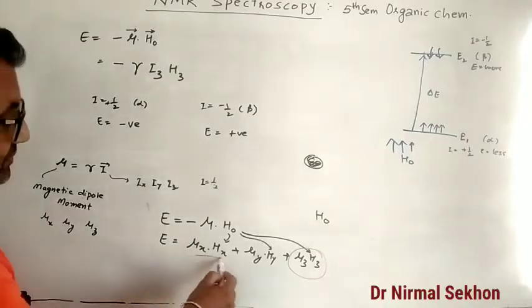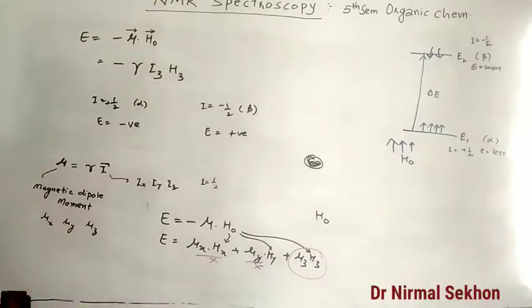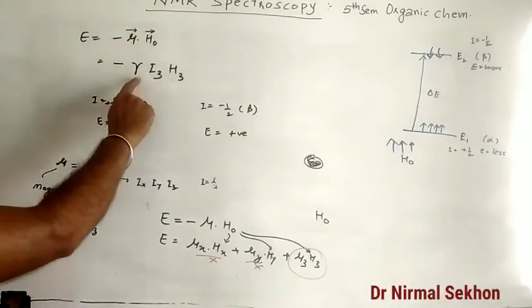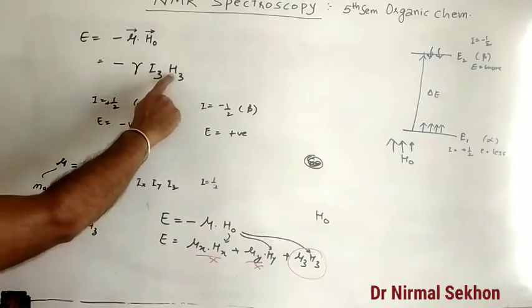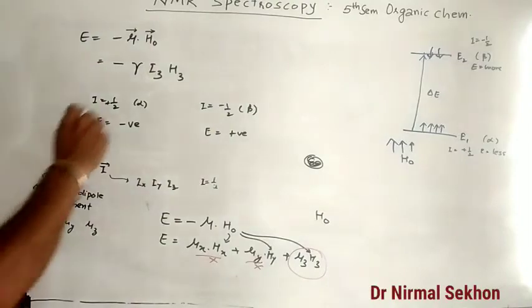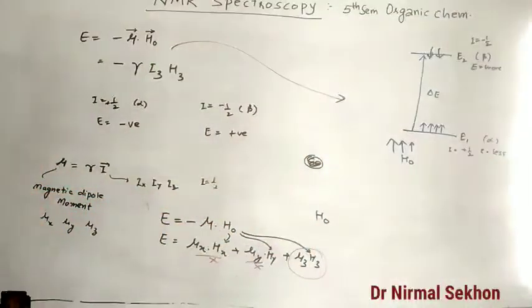What happens to the other two components? They do not exist. So that's why your energy becomes equal to minus gamma Iz Hz, where H is your external magnetic field. So from here we can draw this structure: the alpha state has lower energy and the beta state has higher energy.